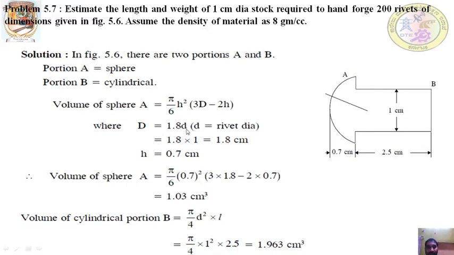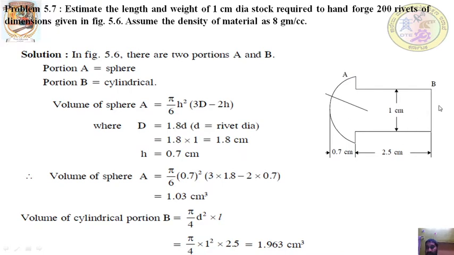The shank diameter is 1 centimeter, so the diameter is 1.8 centimeter, and h is 0.7 centimeter. So the volume equals pi by 6 times 0.7 squared times (3 times 1.8 minus 2 times 0.7). You will get the volume as 1.3 centimeter cube, for this portion only.